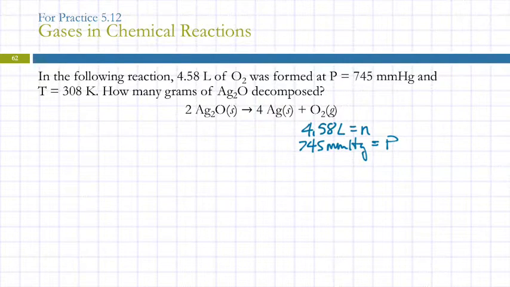That's the pressure. There's no mention of collecting over water or anything. And this is the only gas, so we don't have to worry about partial pressures. Temperature is 308 Kelvin. And then the question, how many grams of Ag2O? So question mark, grams.